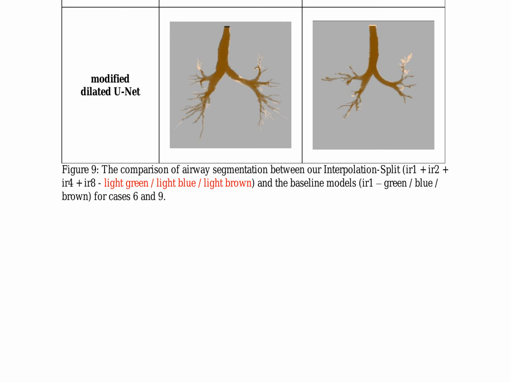The presented results build upon the previous discussion on the efficacy of the interpolation-split method in addressing the challenges of airway segmentation. The comparison with baseline models provides a comprehensive evaluation of the proposed method's performance and underscores its potential in clinical applications.